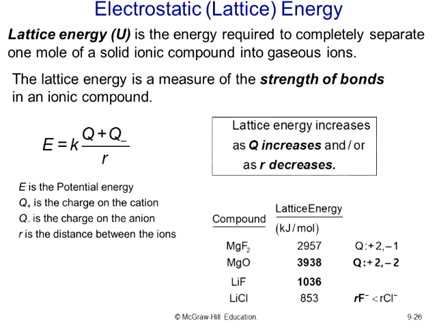In other words, you're basically degrading the compound into its gaseous ions as a way of determining the strength of that ionic compound, or the ionic bonds or electrostatic forces within that compound. That's called the lattice energy. So essentially, the lattice energy is a measure of the strength of bonds in the ionic compound.